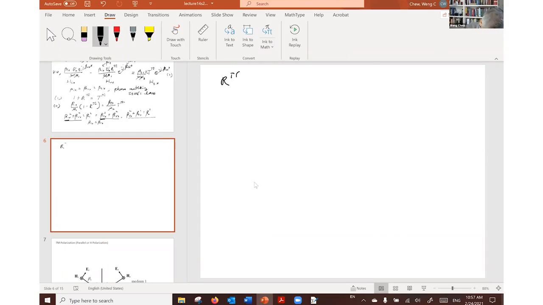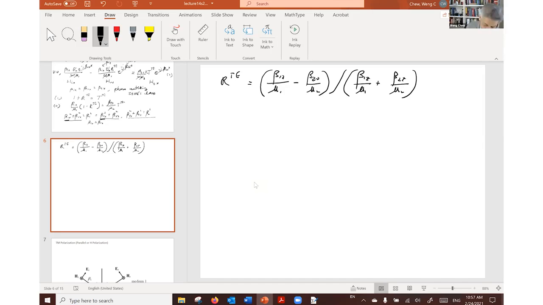RTE after solving them would be something like beta 1z over mu1 minus beta 2z over mu2, divided by beta 1z over mu1 plus beta 2z over mu2.